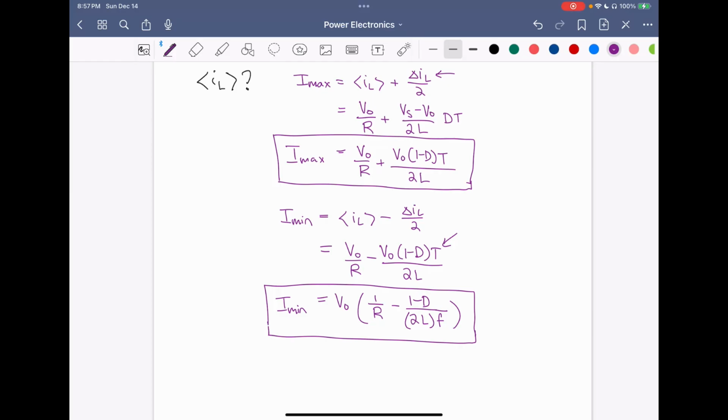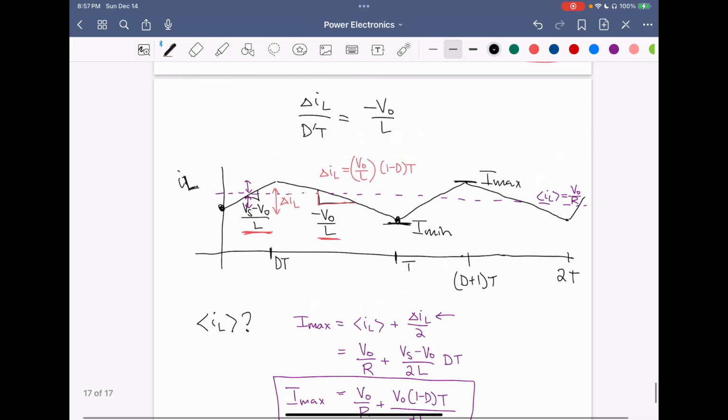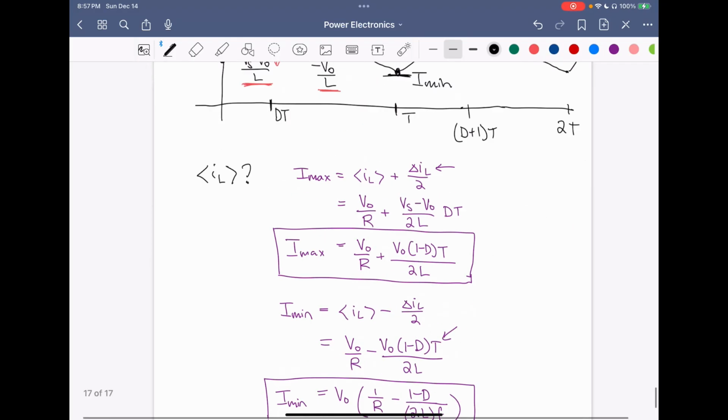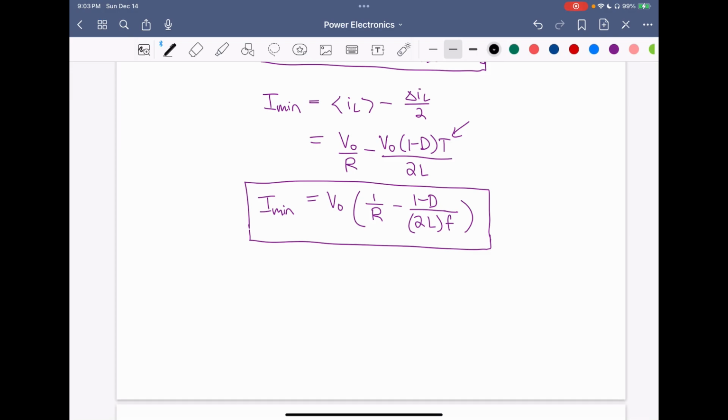Now, in this analysis, we have assumed that the inductor current is always positive. That means that it never reaches 0 in our operation of the buck converter. So to ensure the inductor current is positive, we look at the boundary case between the continuous current mode and the discontinuous current mode.